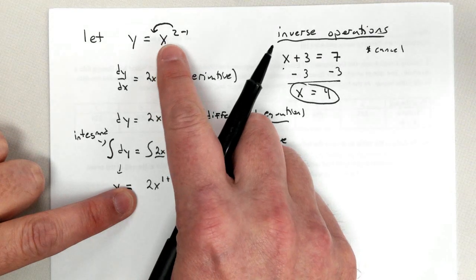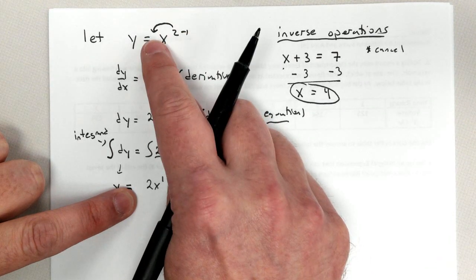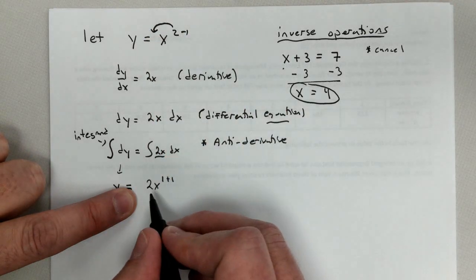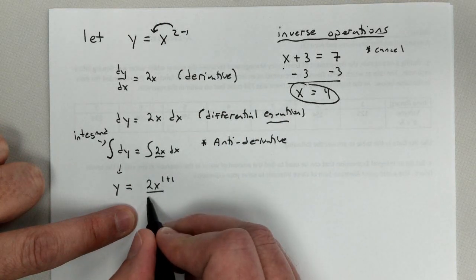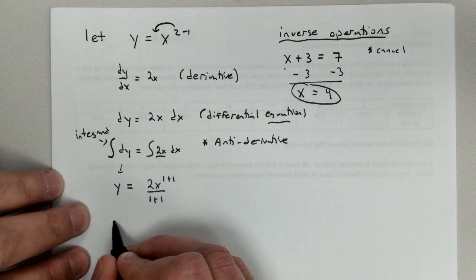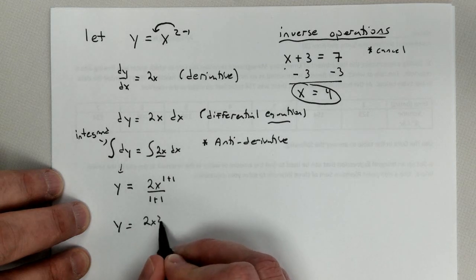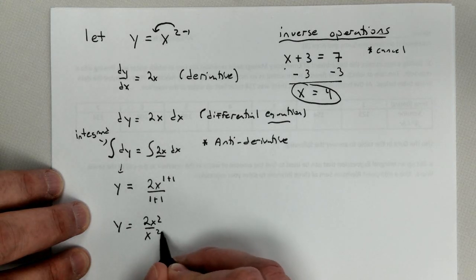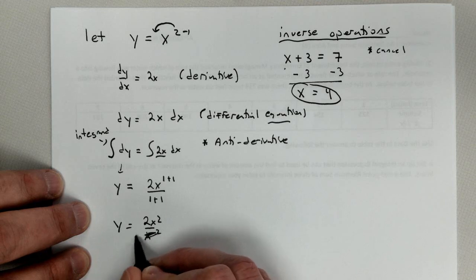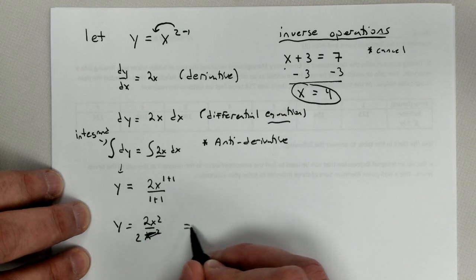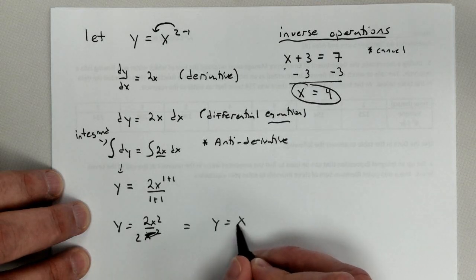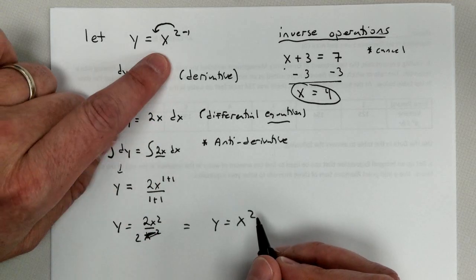And then instead of multiplying by that power, we would divide. It's the inverse. So I would divide by this 1 plus 1. And we would get y equals 2x squared over 2. Which would equal y is just x squared, which is originally what we got.